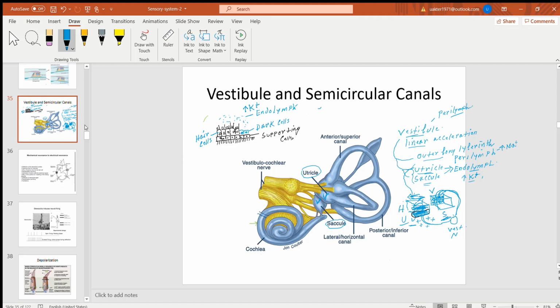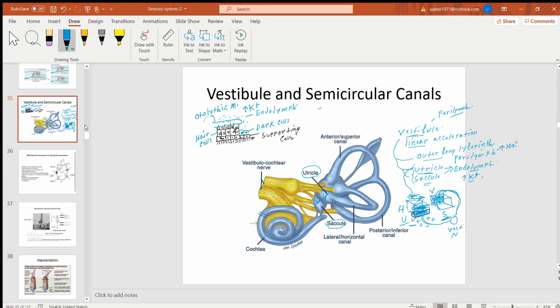And the structure is very similar to the cochlea. There is a membrane here, rests on the hair cells, and that membrane is called otolithic membrane. So this is the soft gelatinous membrane called the otolithic membrane.